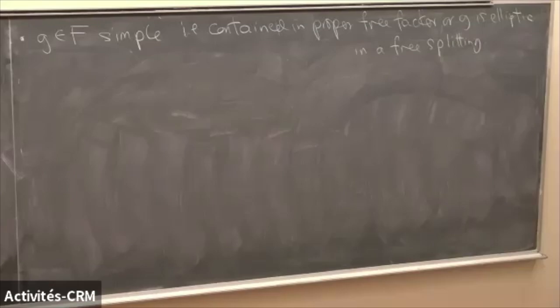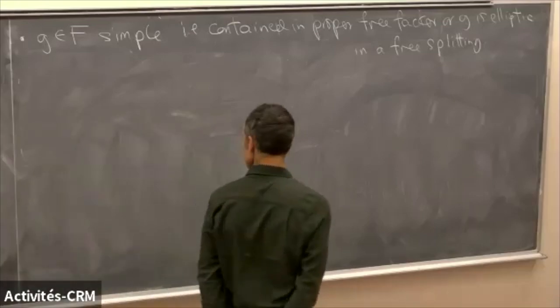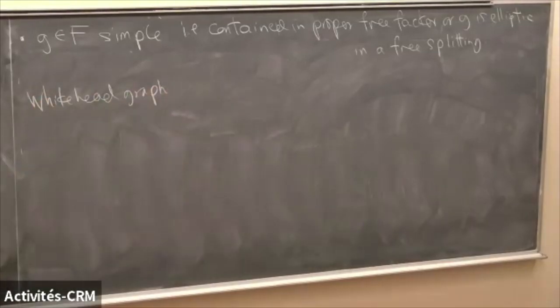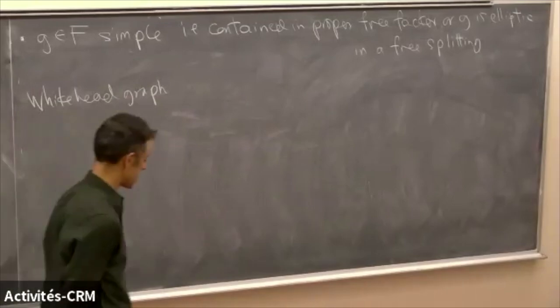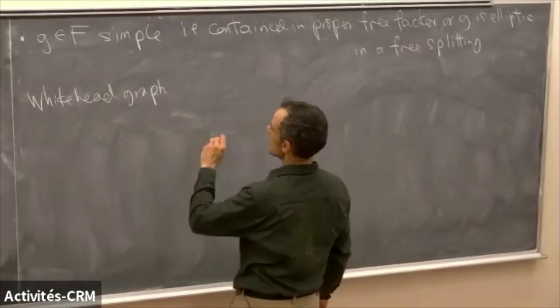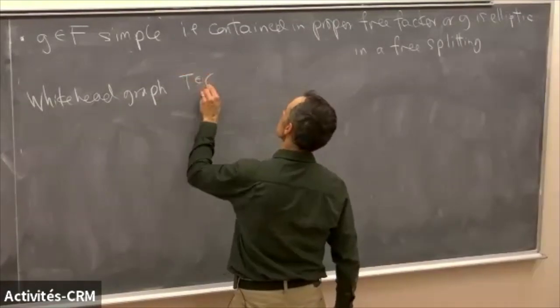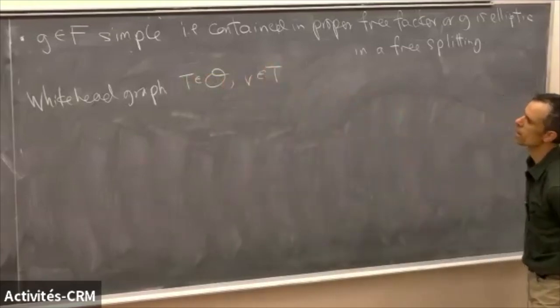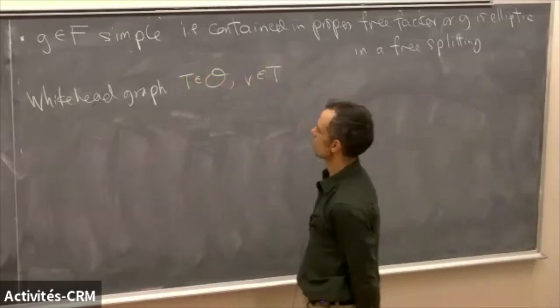Okay. And so this case is also pretty straightforward, definitely using a lot of well-known stuff. The main tool here is the notion of a Whitehead graph. So let me give you a non-standard definition of the Whitehead graph that is really useful for the stuff that comes later. If you take your tree in outer space, then you take some vertex of the tree, one way to talk about the Whitehead graph is the following.